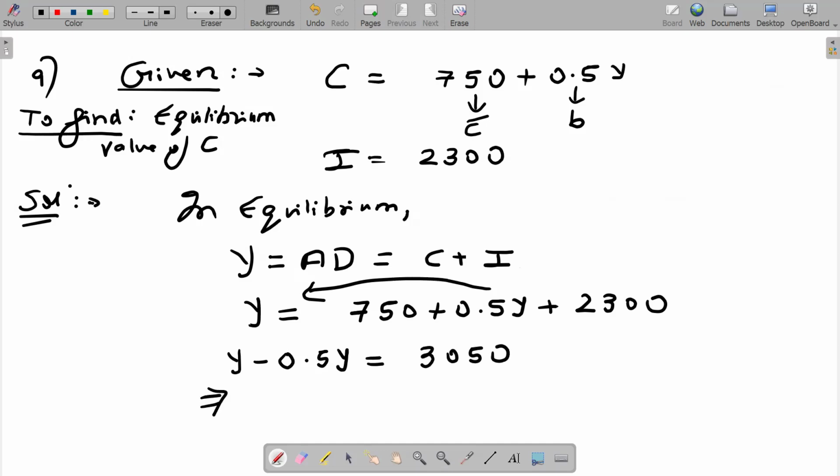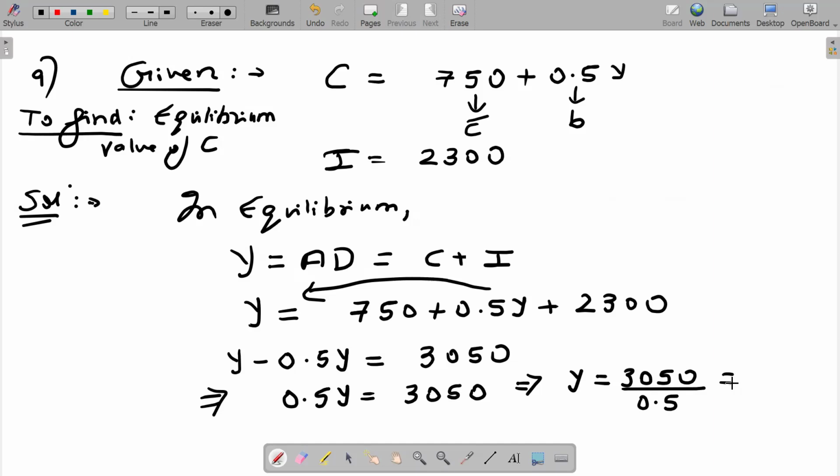So y minus 0.5y is 0.5y equals 3050. So how much will y come out as? 3050 divided by 0.5, which comes out as 6100. That means my output or my income is rupees 6100.